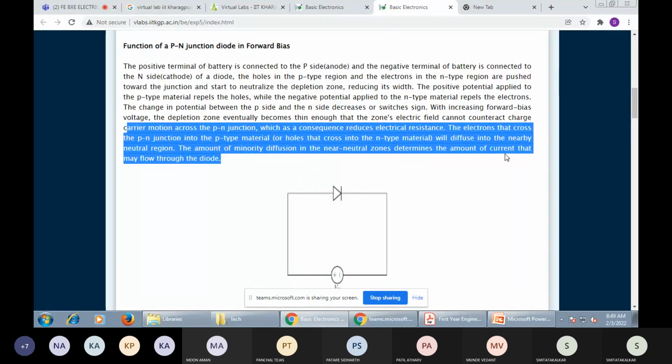That's why the barrier potential increases in the PN junction, and the diode is in the on-switch or conduction state when the barrier potential is increased in forward bias.